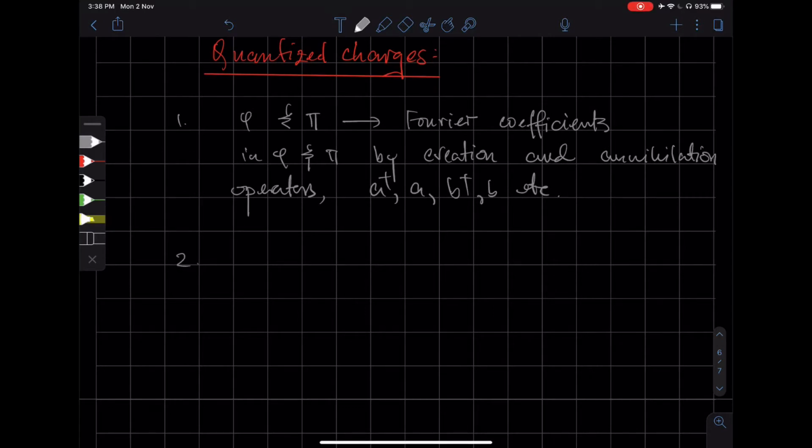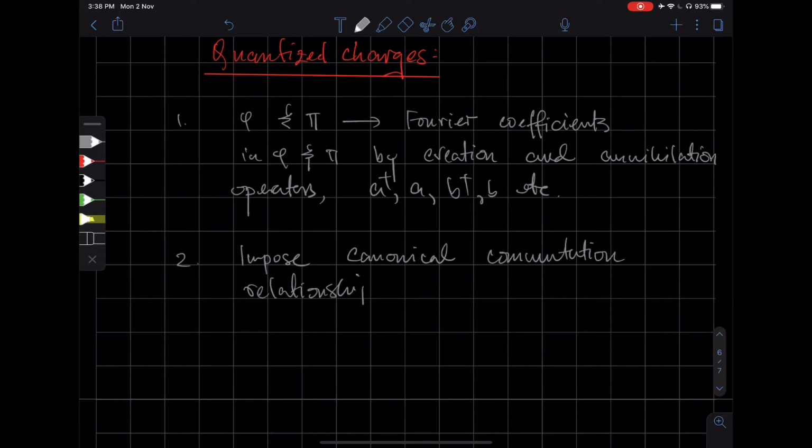So we also impose, this goes hand in hand, canonical commutation relationships, by replacing the Poisson brackets by commutators divided by I, and also h bar, but we put h bar equals to 1 in this course.